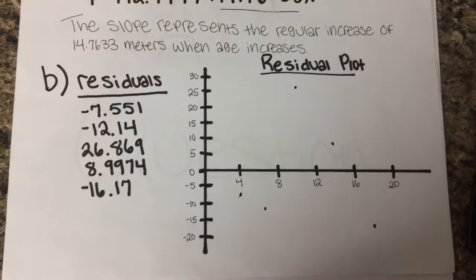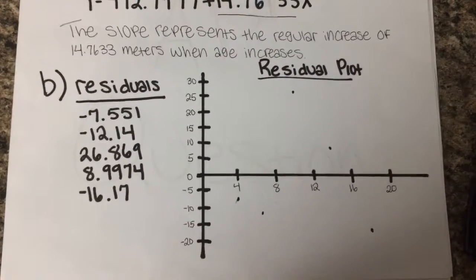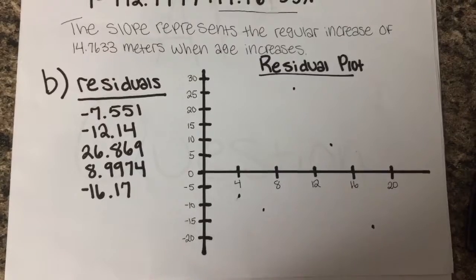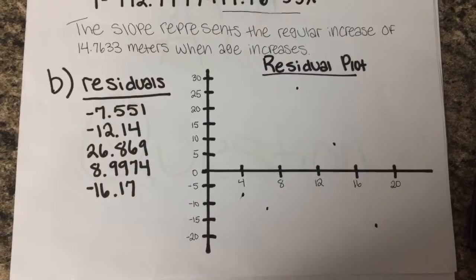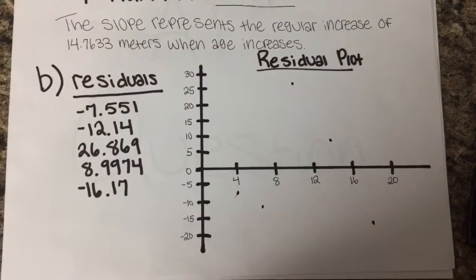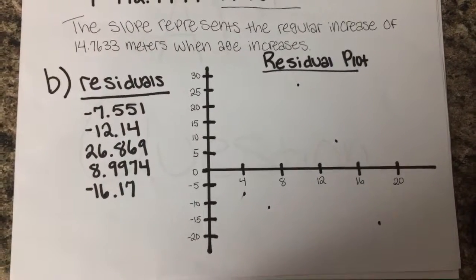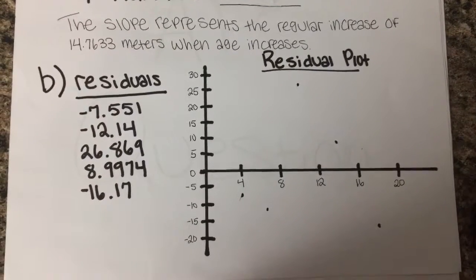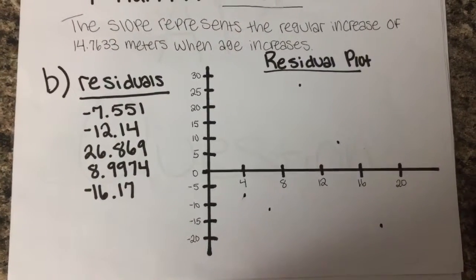For part B, it asks you to compute the residuals, and since you already found the least squares regression line, all you have to do from there is go into L3, which is stat, and then edit, and then arrow over to L3 and go up. And then you put resid into that.